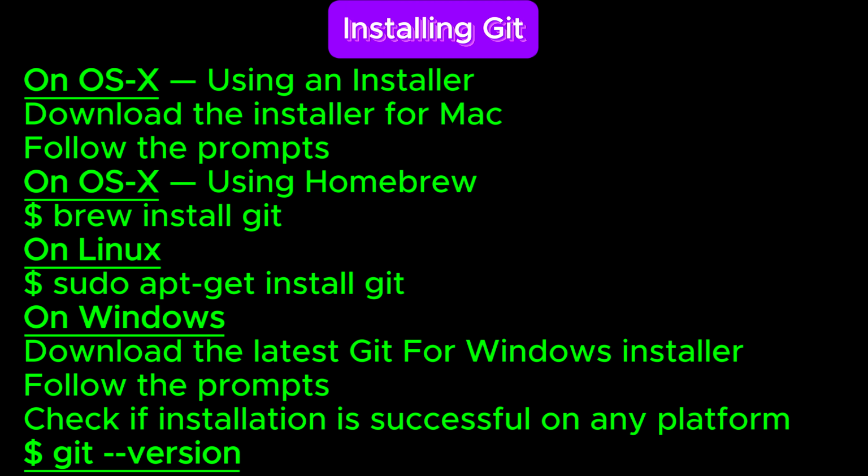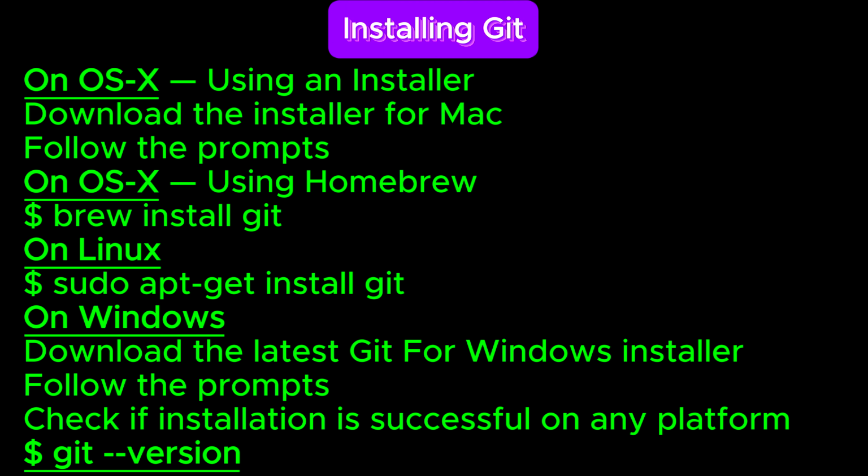On Linux you can install with sudo apt-get install git. Remember that I would recommend not to use sudo, because it's a root level permission. When you start with sudo, any configuration, any changes with your Git will impact all users using this Git.